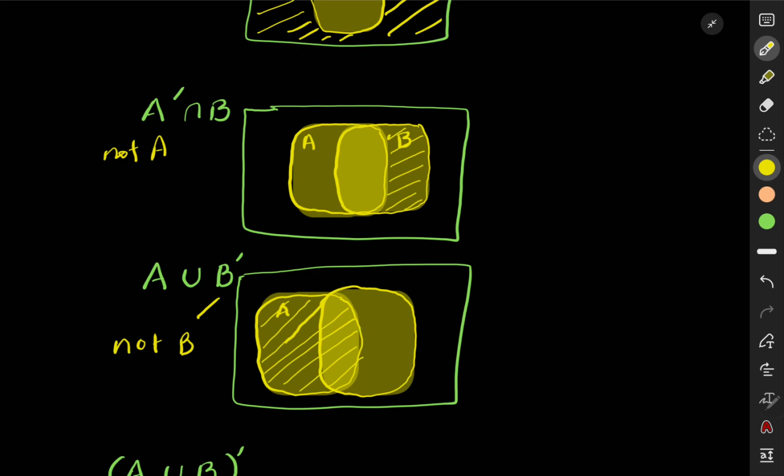All elements of A and not the B. So we shade whole part of A, including the overlapping part, but not the B.